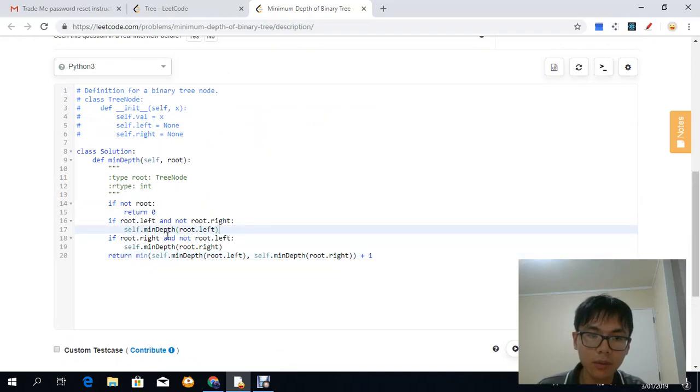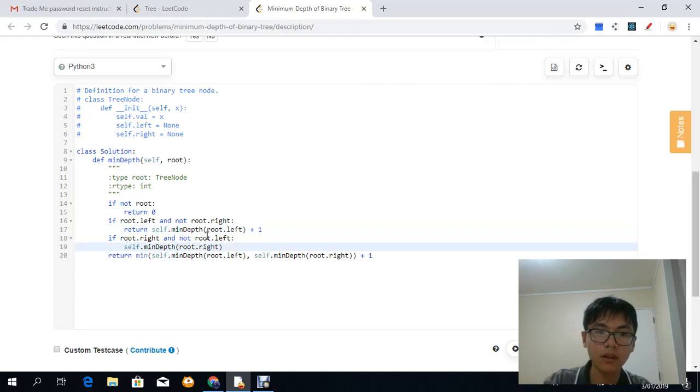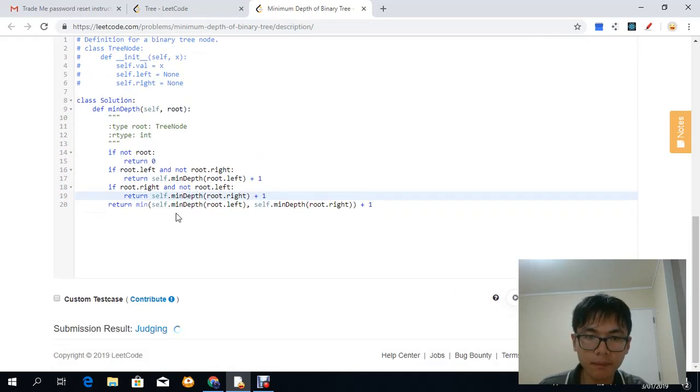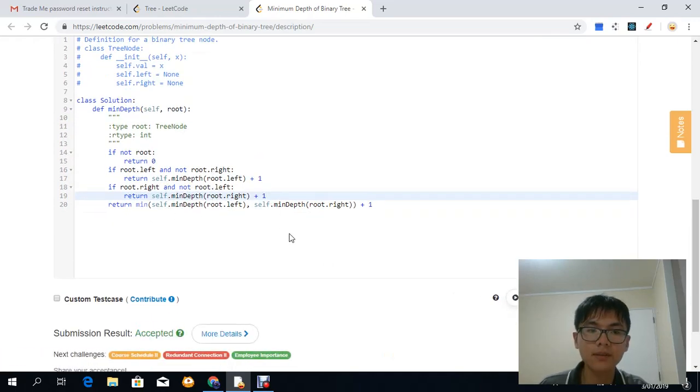Here we will have to return as well, and return this plus 1, because just calling it doesn't do anything. If the case is like this, we have to return, and we also have to increment 1. So this should be right. Yes.